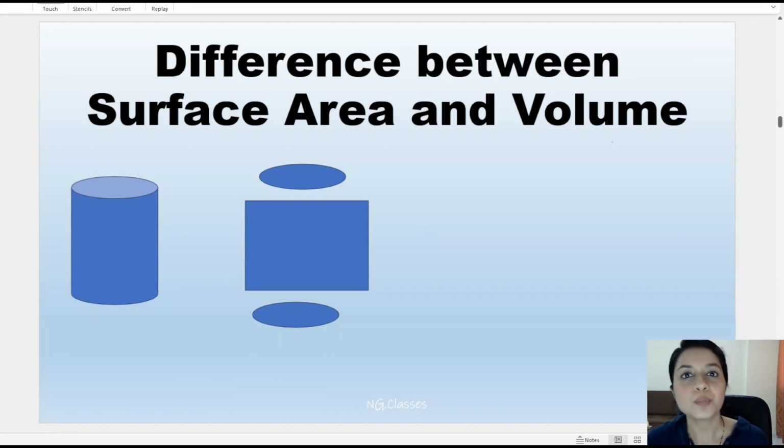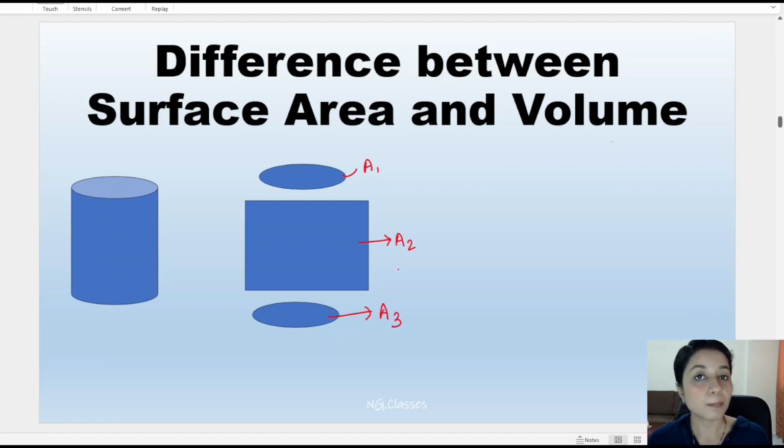So total, how many surfaces are there? This is the top surface, and we will find area of this surface. This one is the middle surface, the rectangular sheet. We will find the area of this surface as well. And also we will find the area of the bottom surface. That means bottom circular base, area of this surface as well.